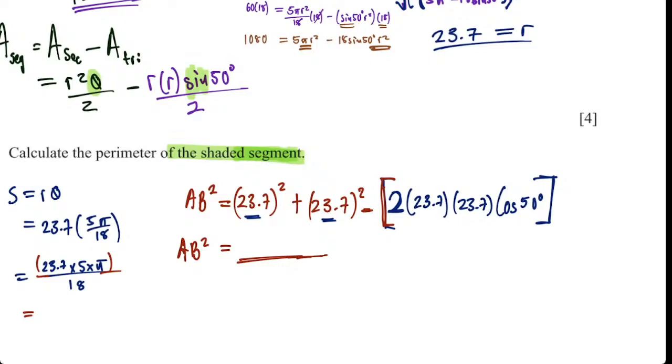After you put your minus, remember to open the bracket. Then you open bracket, then you say 2, you open another bracket, you say 23.7, you close, you open again, you say 23.7 again, you close, then you say cos 50 degrees, then you close. What do you get?